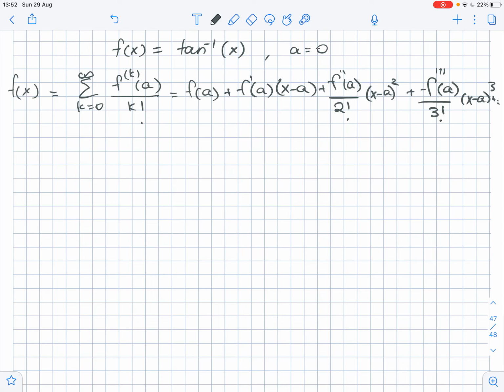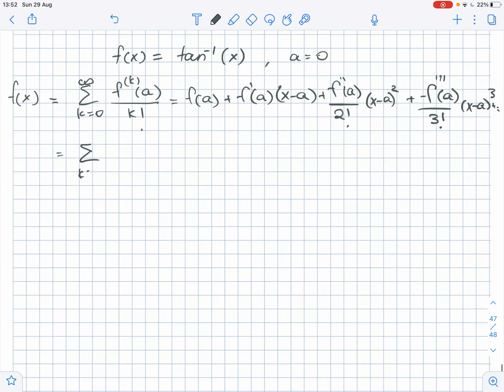So the Taylor series for the function f of x centered at 0 is given by, we just substitute 0 for a, and we get that it equals the sum from k equals 0 to infinity of the kth order derivative of f of 0 over k factorial.